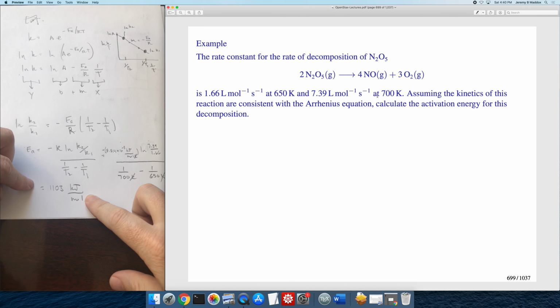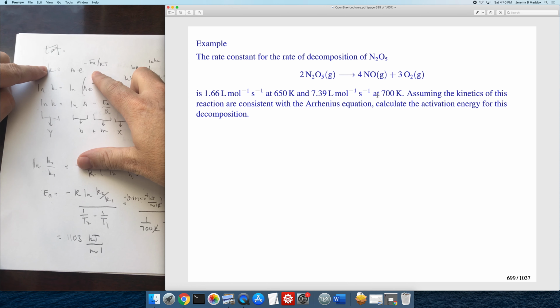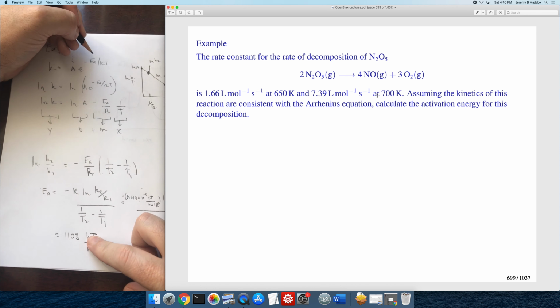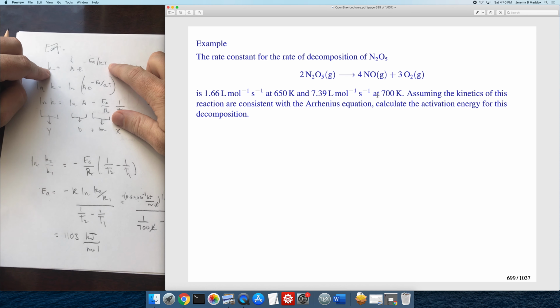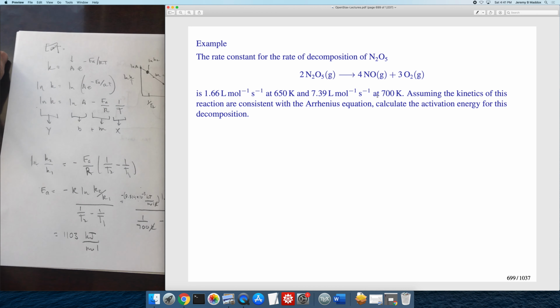Given that activation energy, we can go back to this equation and solve for the frequency factor. We would just take the activation energy, plug it here, and you could plug in either T1, k1 or T2, k2 to find the frequency factor.